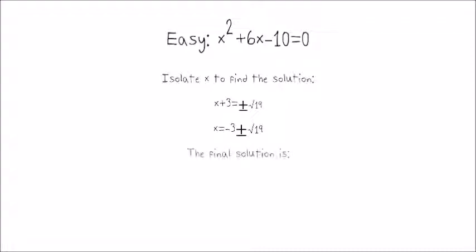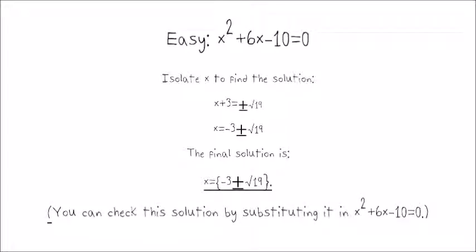The final solution, again, therefore, is x equals -3 plus minus square root of 19. You can check the solution by substituting it in x squared plus 6x minus 10 equals 0. It should satisfy the equation.